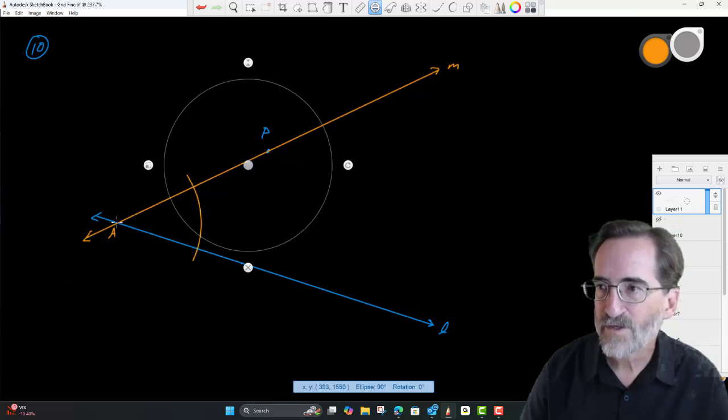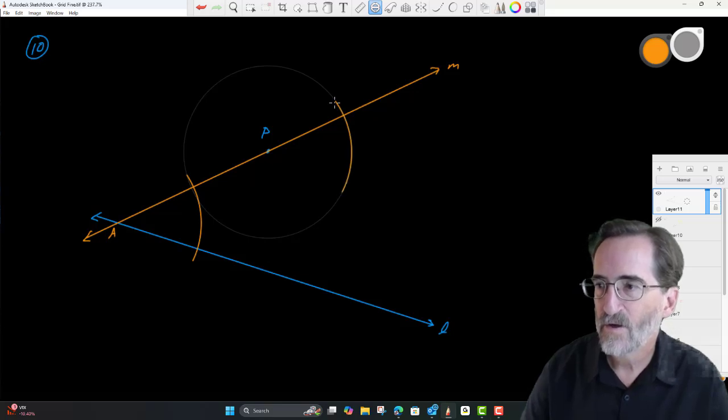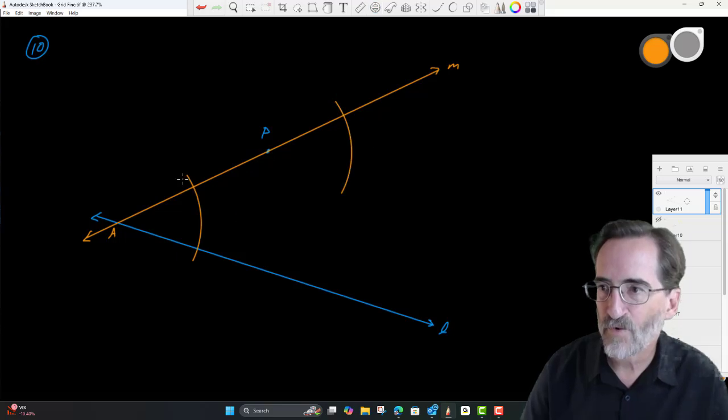Keep the compass the same size and copy that arc to point P. I'm going to label the intersection points B and C and D.